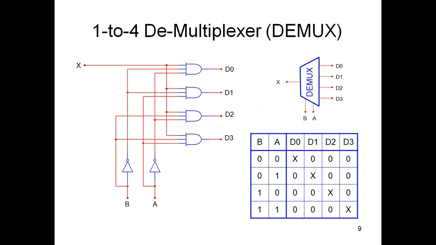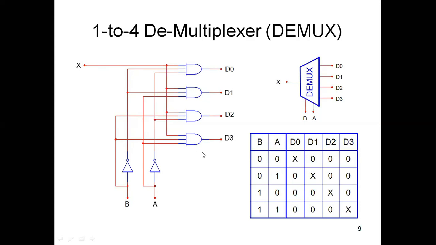There are many types of demultiplexers: 1 to 2, 1 to 4, 1 to 8, 1 to 16. I will explain only the 1 to 4 demultiplexer. Here we pass one single transmission line as input, that is X. As the name itself says, 1 to 4 means 4 outputs.